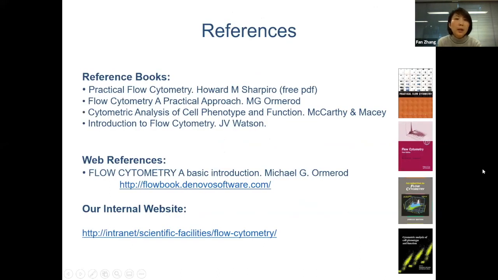So the above slides are all the information I'm going to share with you today. These are some reference books and websites for anyone who wants to do flow cytometry assays. Please refer to our internal website for more details.